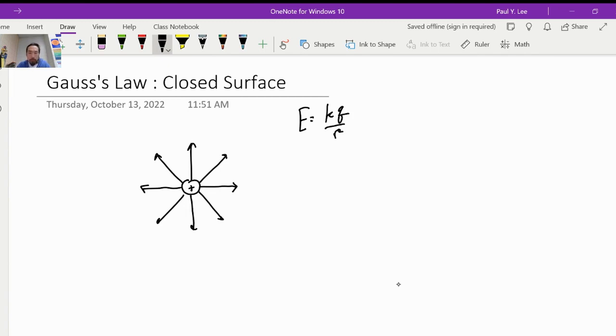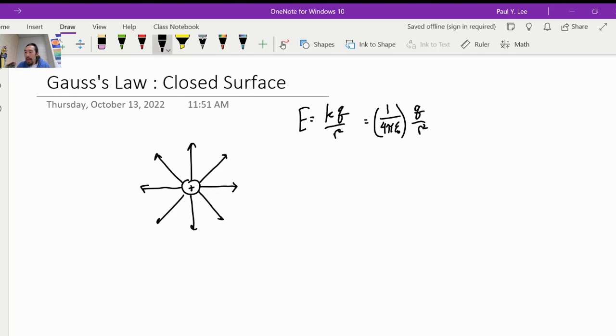And for the sake of the future, where we're going to get some calculus in, I'm going to rewrite k as 1 over 4 pi epsilon naught. That's a different way you can write k. I know we wrote k as 9 times 10 to the ninth, but you'll also see this written on your formula sheet as Q over r squared.